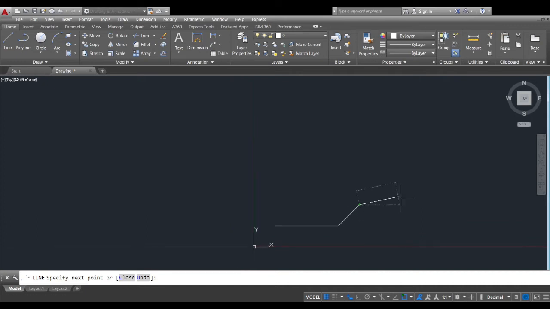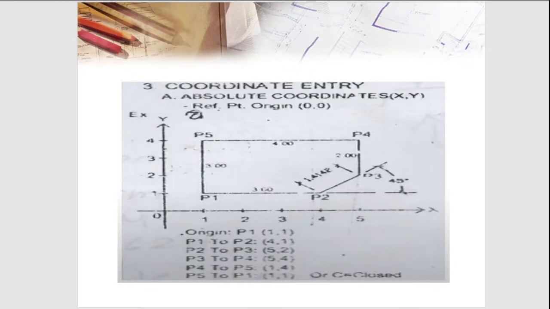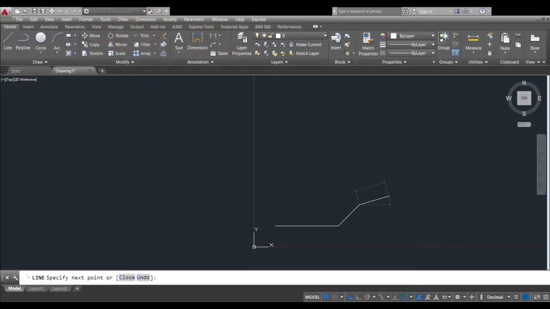We can see from this figure that that is our point 3. And then our point 4, from point 3 to point 4, our coordinate is 5,4. Don't forget the hashtag. Hashtag 5,4, enter.